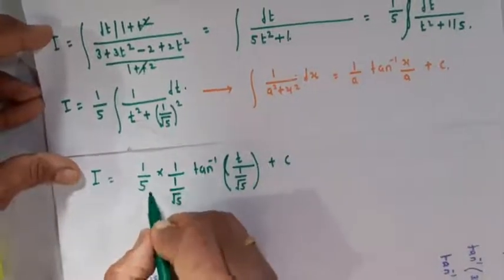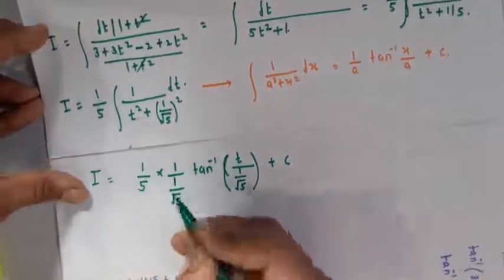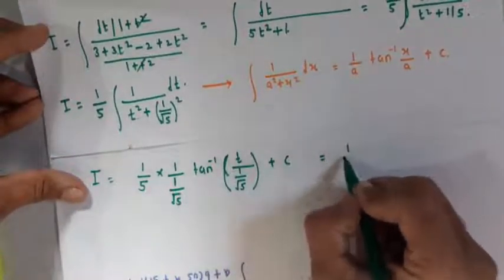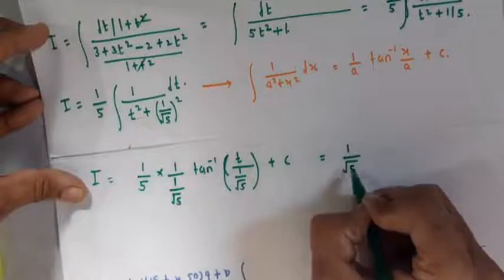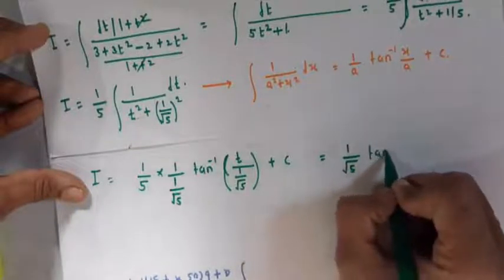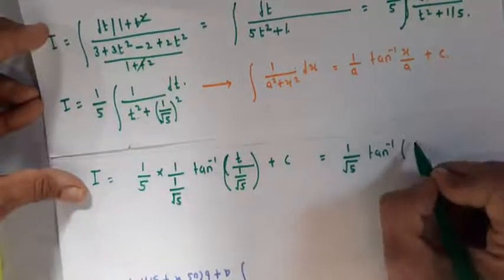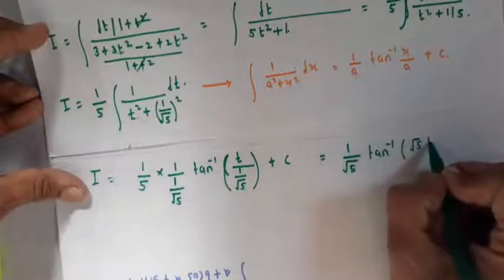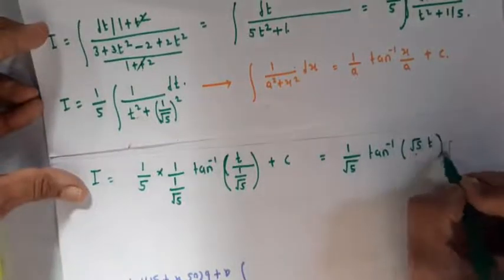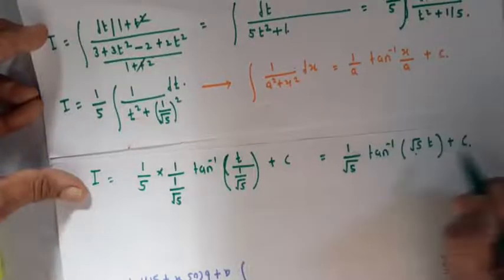So root 5 here, 5 is root 5 into root 5, and that gives 1 upon root 5 tan inverse of root 5 t plus constant of integration c.